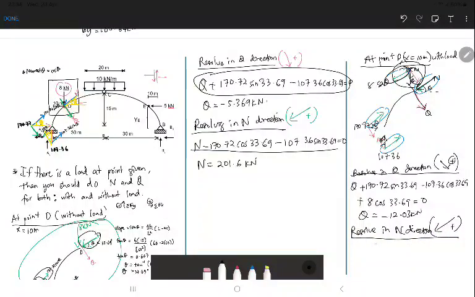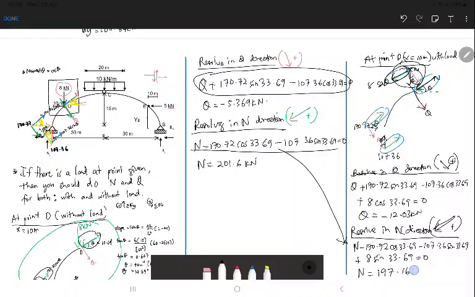So copy it again. Okay, n minus 170 in this direction positive, so this direction, so positive, plus 8 sine 33.69 equal to 0. So you calculate it again, n is equal to 197.16 kilonewton.